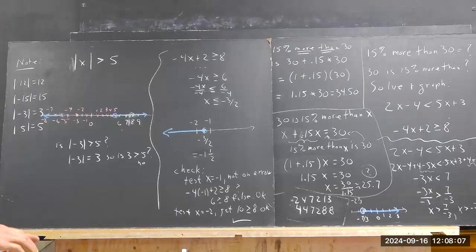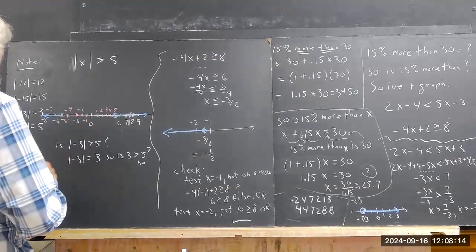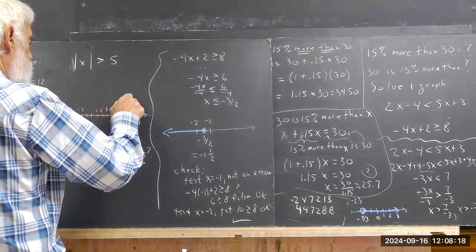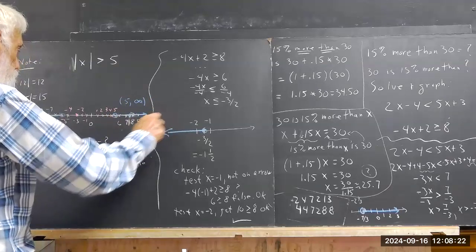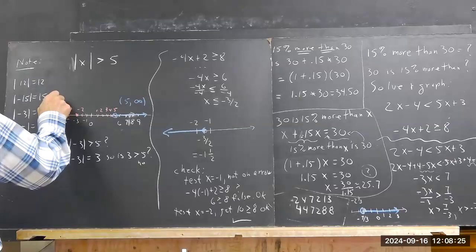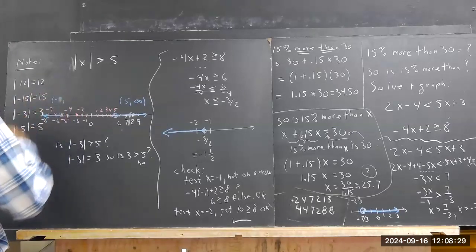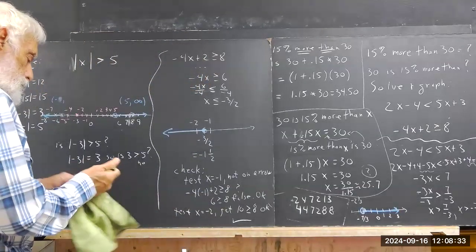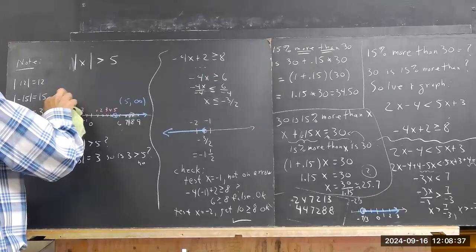Now, if you want to write this as a set, it's the interval 5, infinity. This is the interval, good if I start paying attention to what I'm going to say before I write it down.